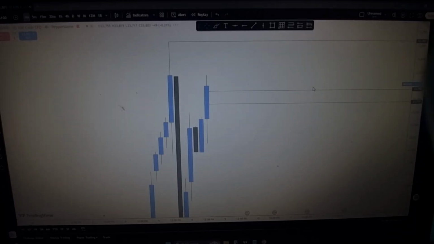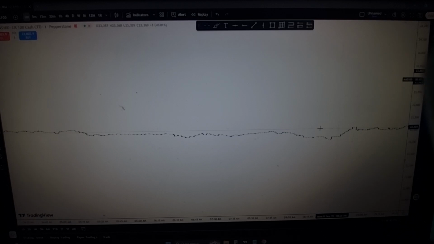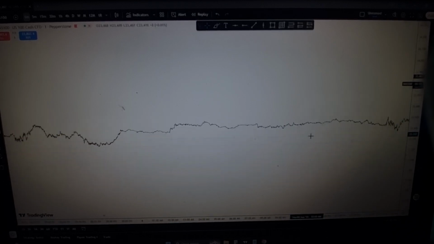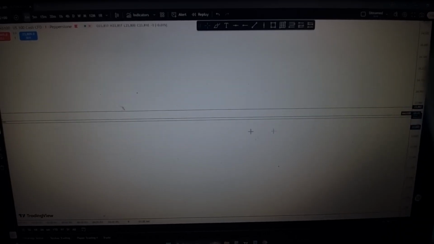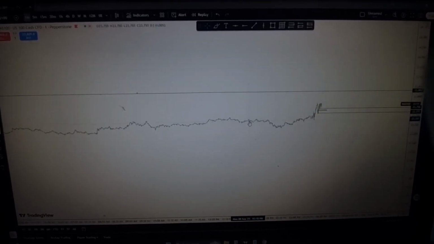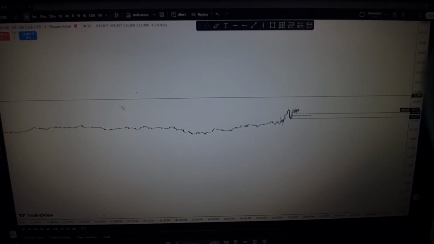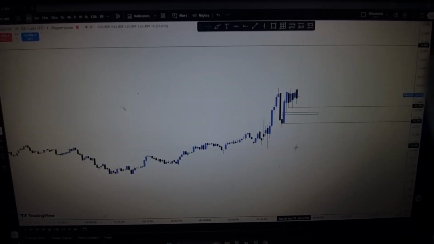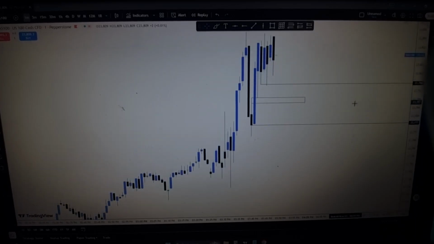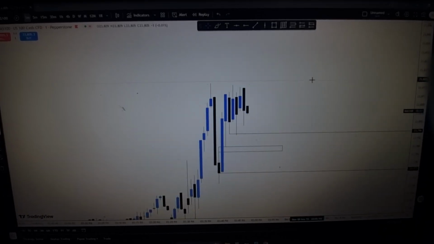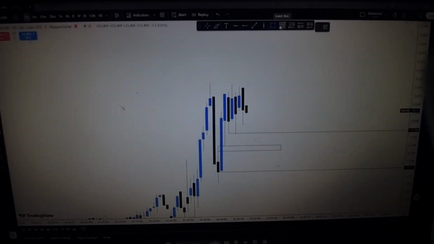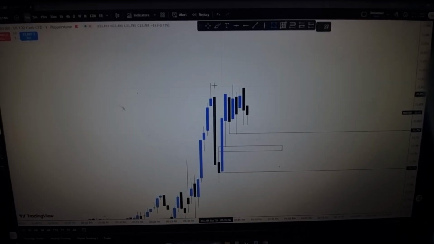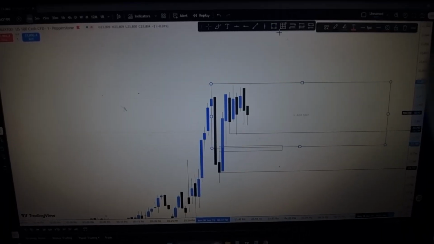So let's see what happens. I'm definitely gonna stay with my bias, depending if we sweep those highs. Depends. But so far I do not like how price action is moving. We are just staying in this range.